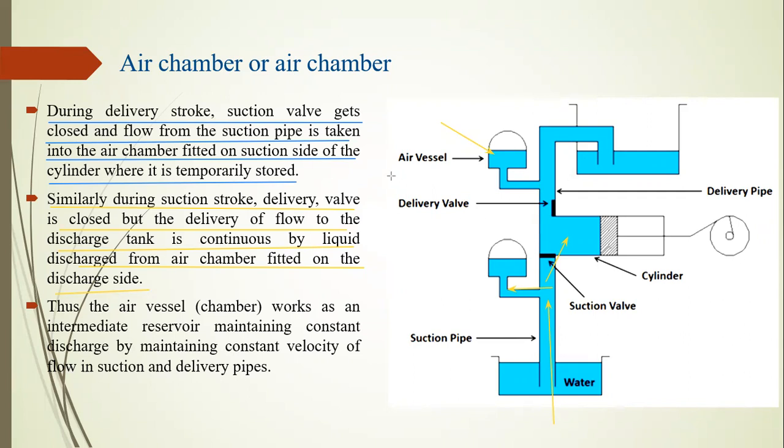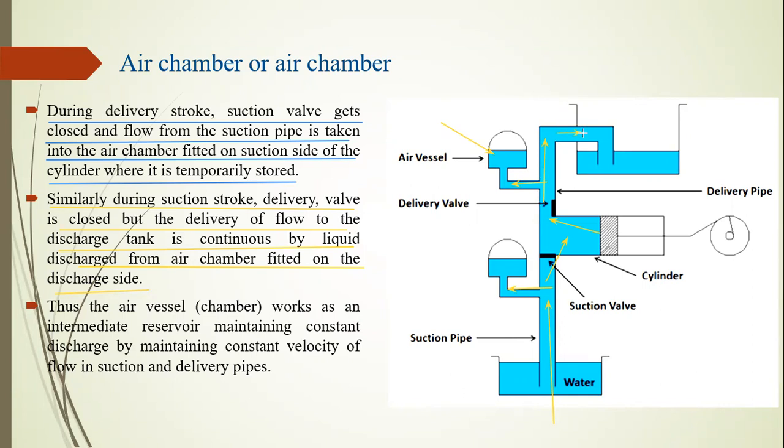Then, after the second stroke starts, the water is pressurized and goes out from the delivery line. At this time, what happens? The water coming out from the cylinder goes out through the delivery pipe, and some of the water is stored in the air vessel or air chamber.